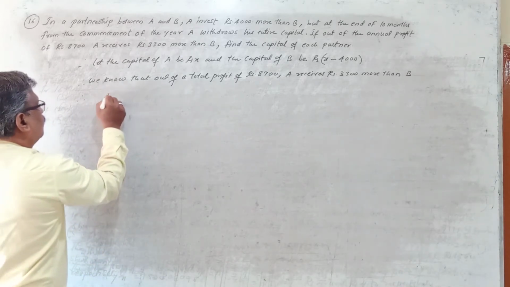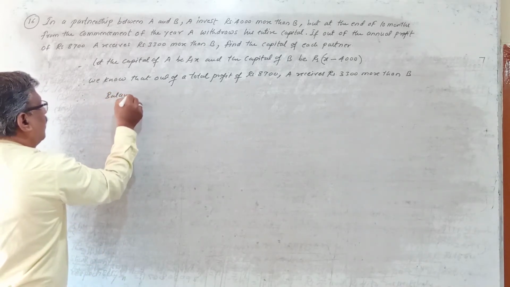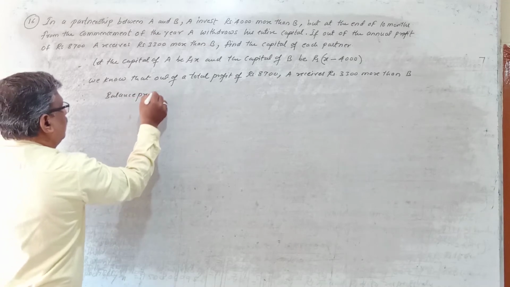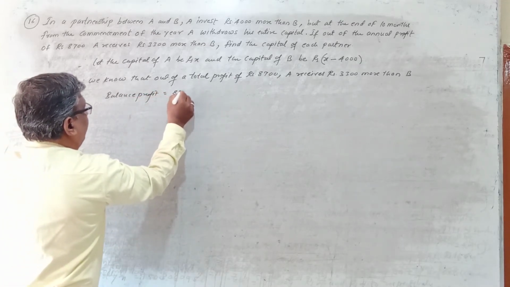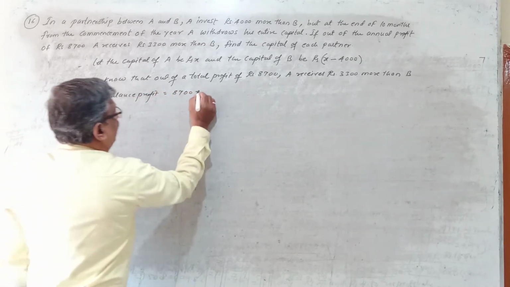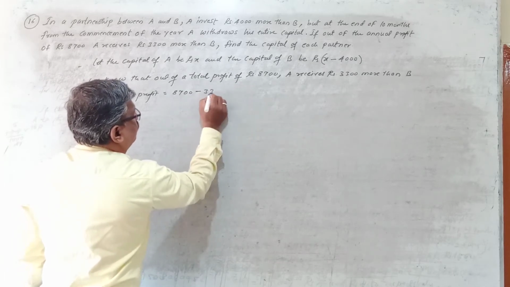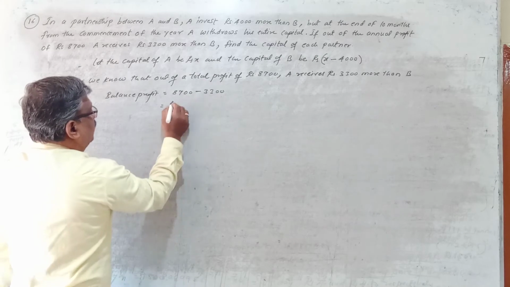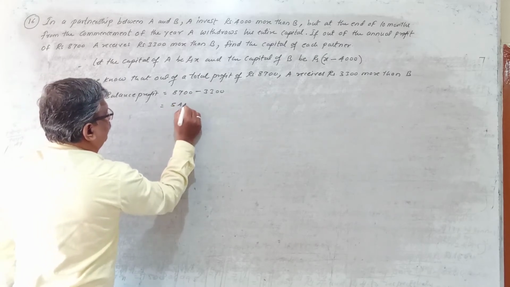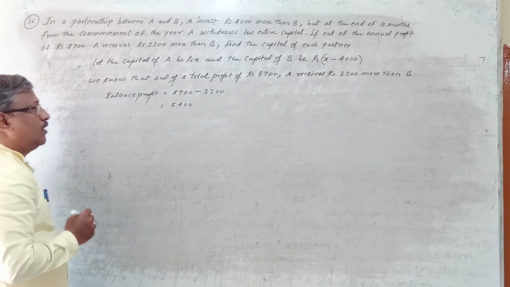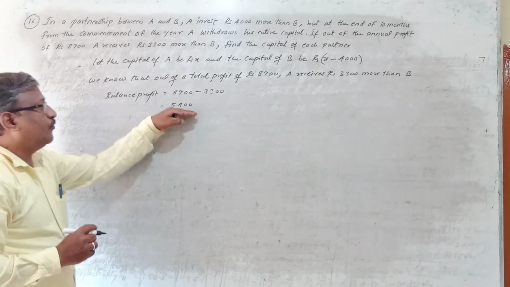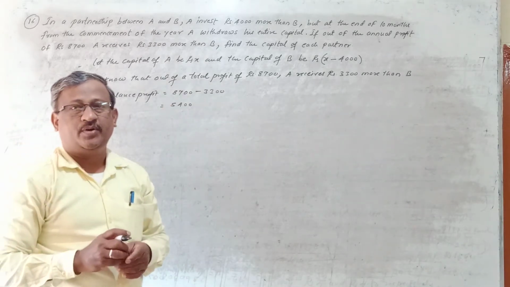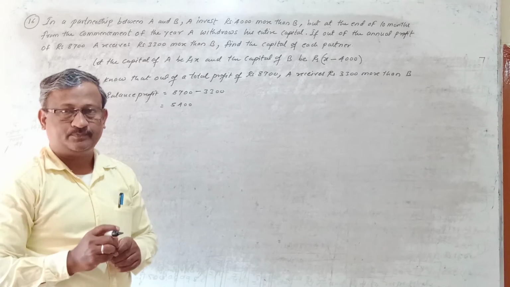So first what do you do? First you remove the excess to get the balance profit. Balance profit is equal to 8,700 total profit minus 3,300 rupees, which gives 5,400. Means up to 5,400 rupees of profit, both will get the same share.